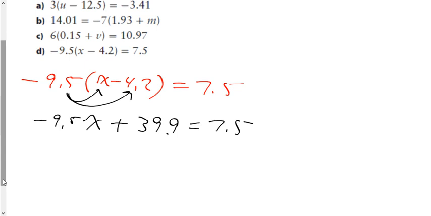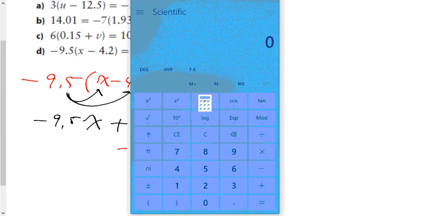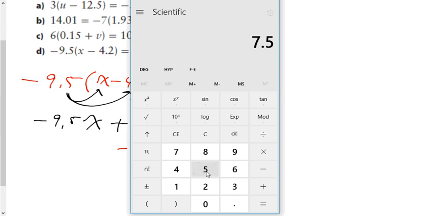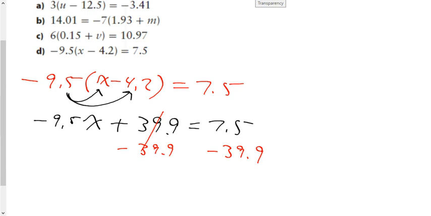I'm going to remove 39.9 from both sides. If I have $7.50 and I owe $39.90, if I use my calculator, 7.5 take away 39.9 is going to be negative 32.4.